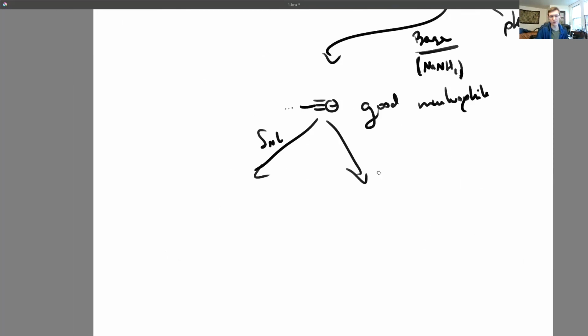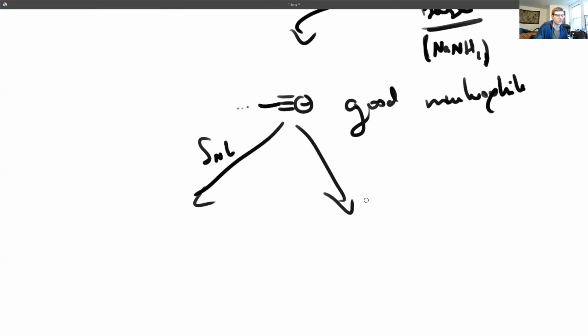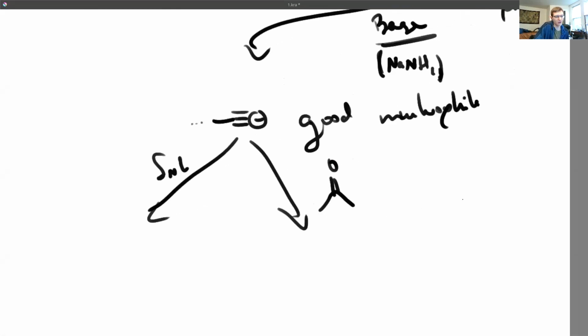The other thing that we could do, and this one is new for us, is that we can give it a ketone or an aldehyde, either of the two, right? And the idea is that this oxygen is really electronegative. And in general, when you have a carbon and an oxygen together, this is already a pretty polar bond, right? Because this oxygen is kind of minus, and this carbon is kind of plus.